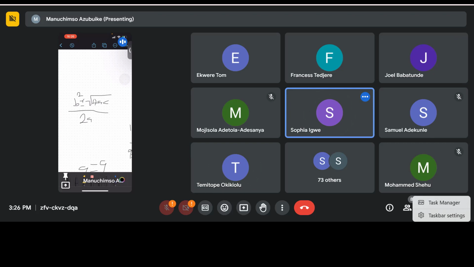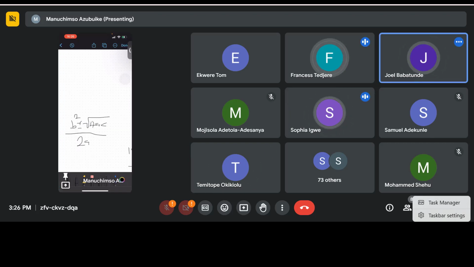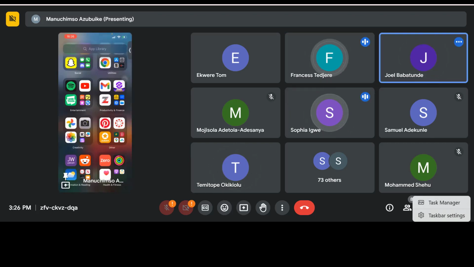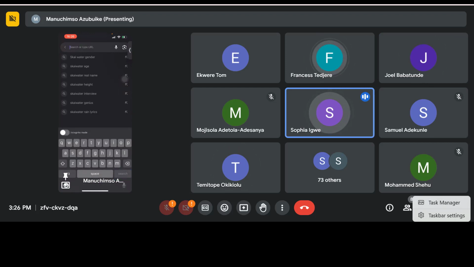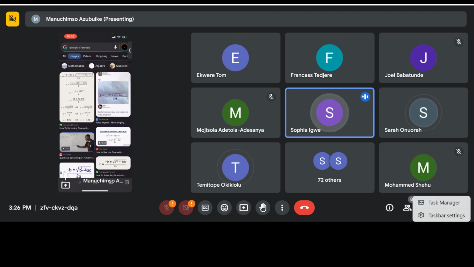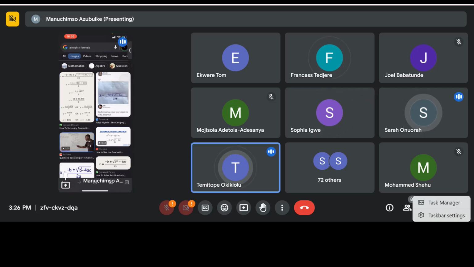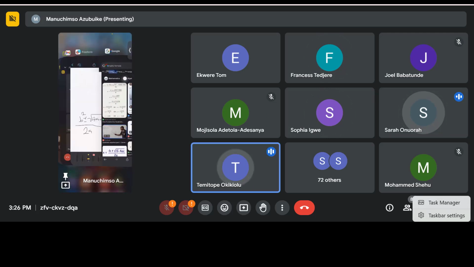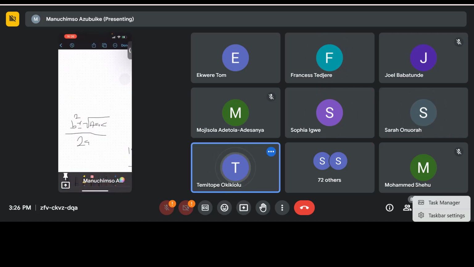So this is not correct. What is the correct one? Minus B plus or minus the square root of B squared minus 4AC all over 2A. No, that's wrong. That's not the almighty formula.